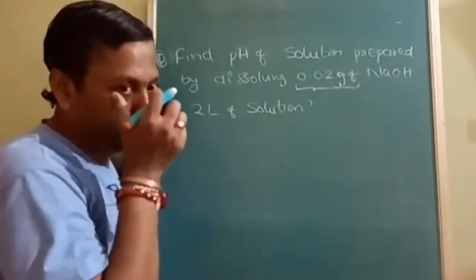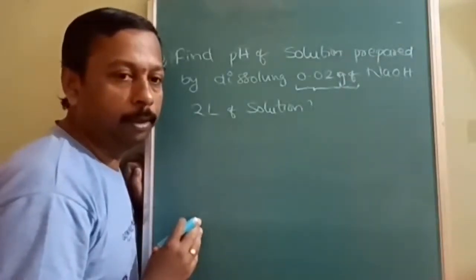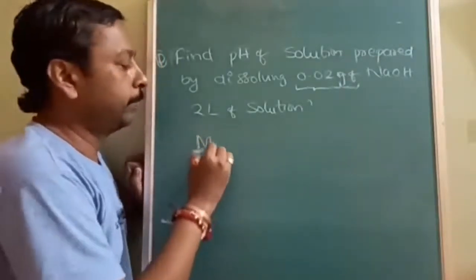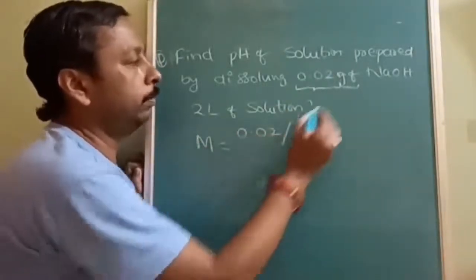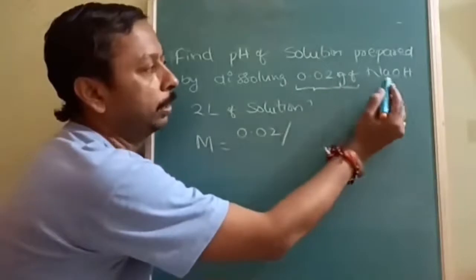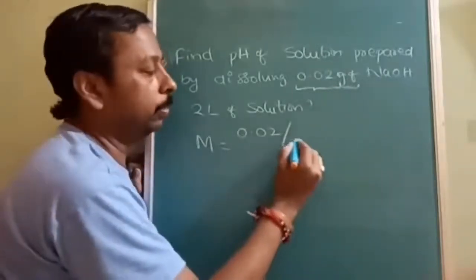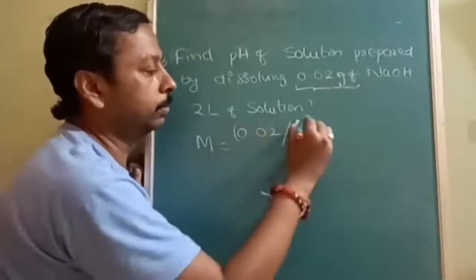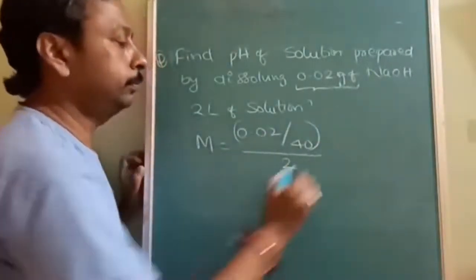First, molarity. The molarity formula is mass upon molecular mass divided by volume in liters. Molarity is equal to 0.02 divided by the NaOH molecular mass, which is 23, 16 and 1, that is equal to 40 grams. Whole divided by 2 liters.